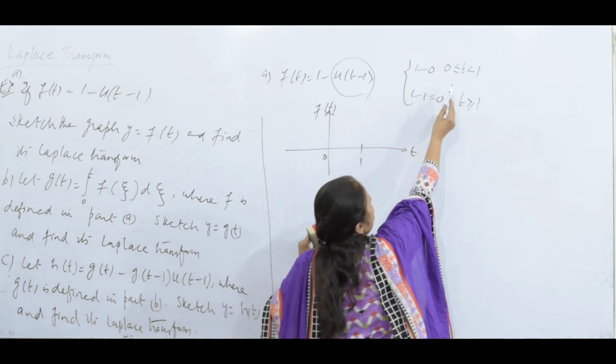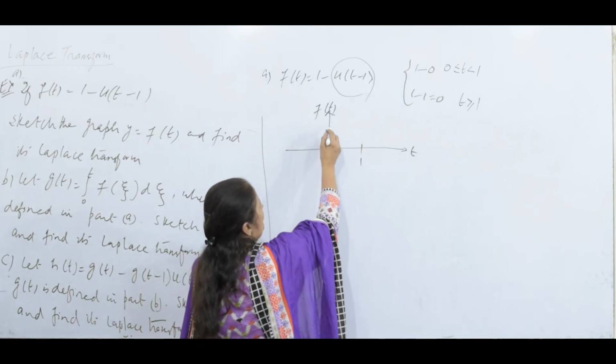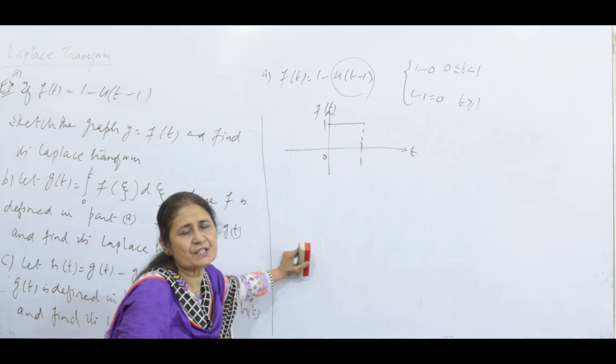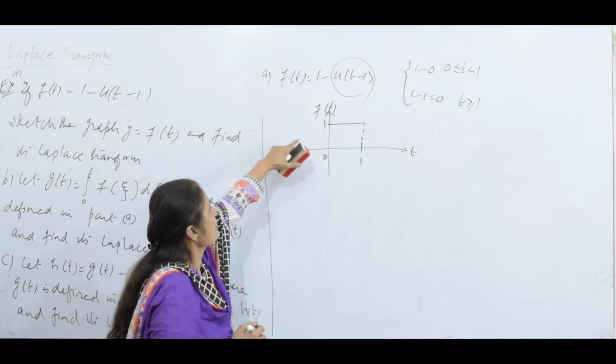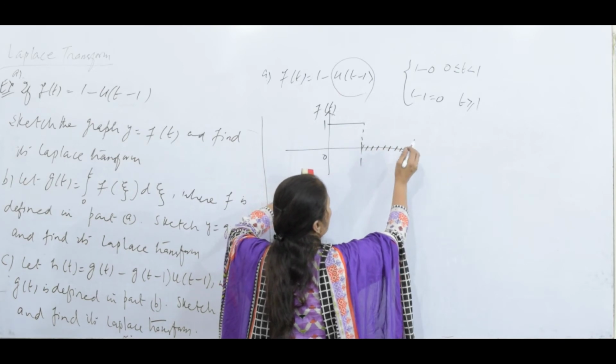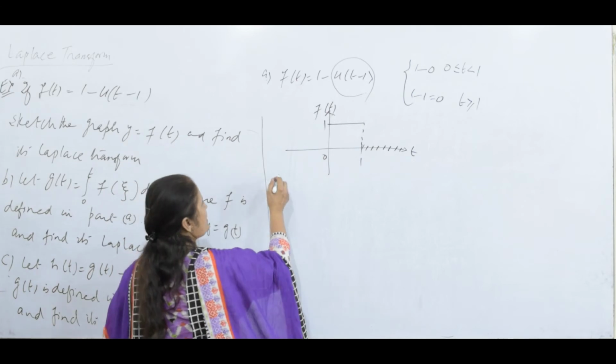When t lies between 0 and 1, it is 1. Look at that, this is 1. When t lies between 0 and 1, the function is 1, and when t is greater than or equal to 1, it is 0. So this is going to be the graph. Let's find the Laplace transform.